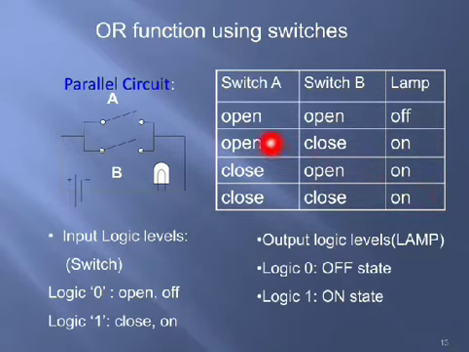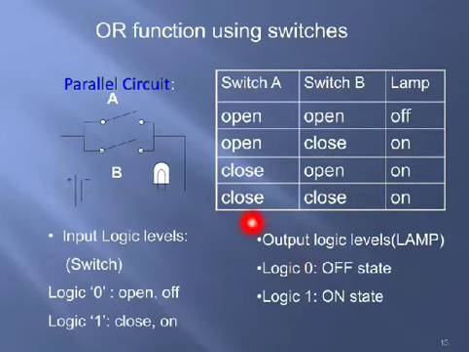For the open condition, since both the switches are open, there is no current flow in the circuit. That's why the lamp will not glow, and that off state you are considering as logic 0. Similarly, when switch A is open and switch B is closed, current will be flowing through the path of switch B and the lamp will glow, so the lamp will be in on state, and you can consider that as logic 1.